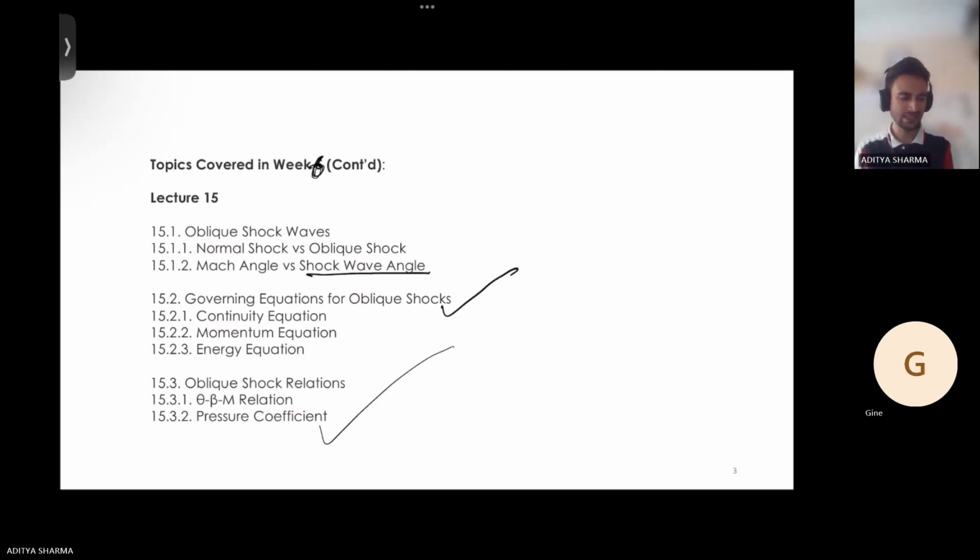And then there is one numerical on the theta-beta-M relation. So these are the three numericals we shall discuss. Before that, we will have discussions based on concepts, the theory based questions.